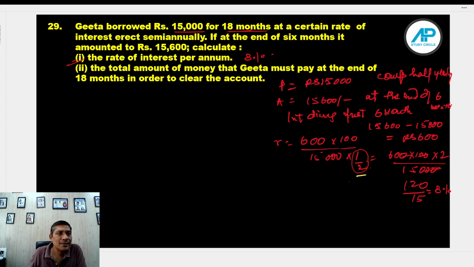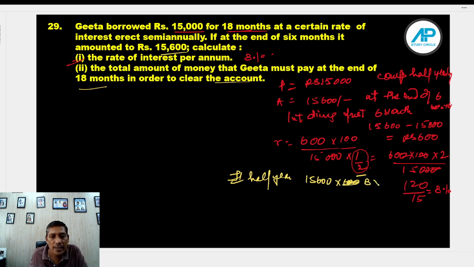Total amount of interest that Gita must pay at the end of 18 months to clear the debt, clear the entire account. So what will you do first? You have the amount of the first half year, you will pick this, and on top of it you will earn the interest of the second half year, and that would give you 15,600 into 8 into 1/2 upon 100.